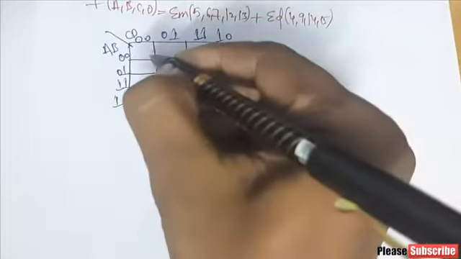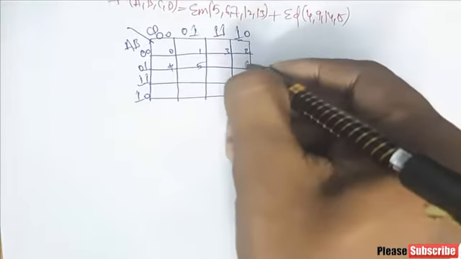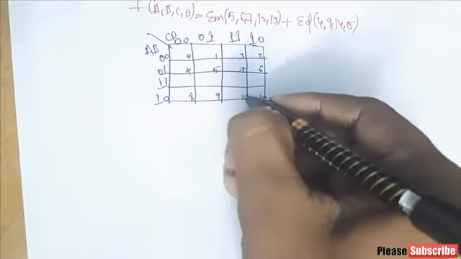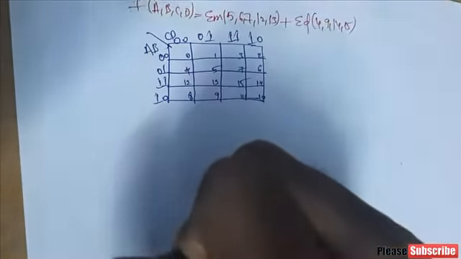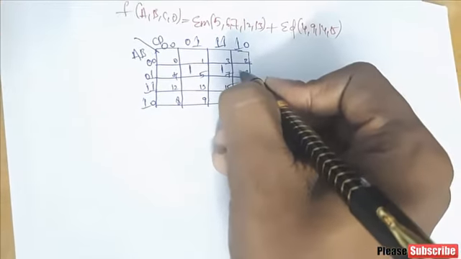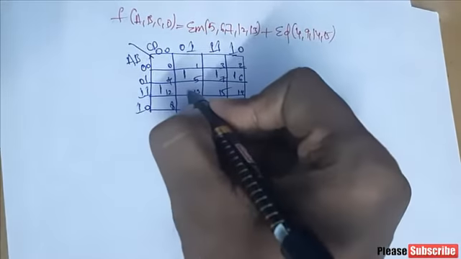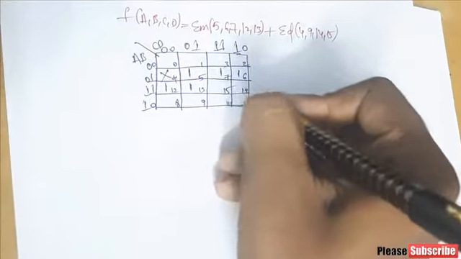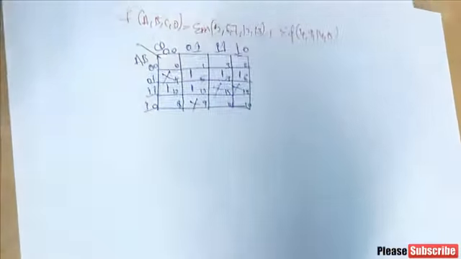Here this will be the 0, 1, 2, 3, 4, 5, 6, 7, 8, 9, 10, 11, 12, 13, 14, 15. Here you will get the 5, 6, 7, 12, 13, and don't care conditions will be the 4, 9, 14, 15.